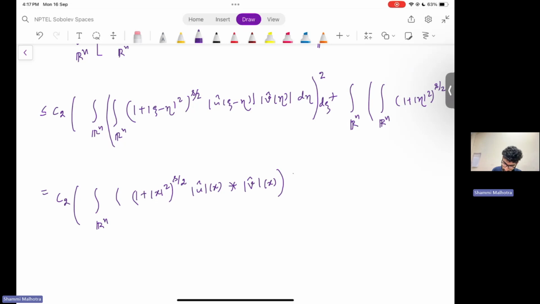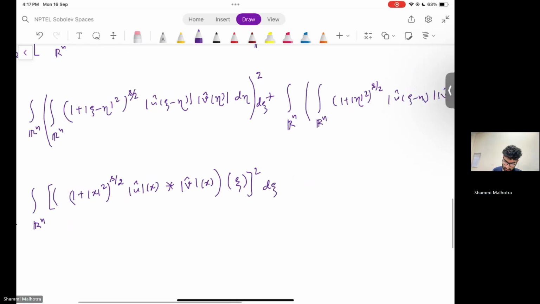This we are evaluating at psi, and this is the whole square of this thing, d psi.